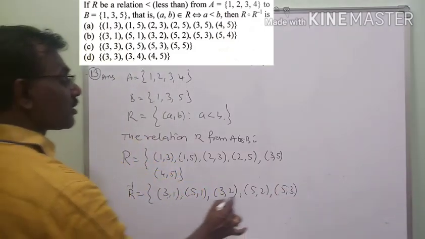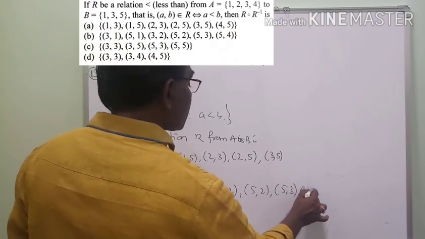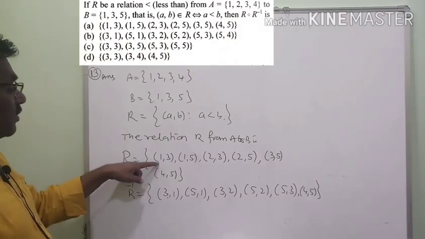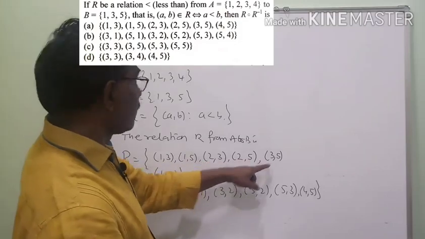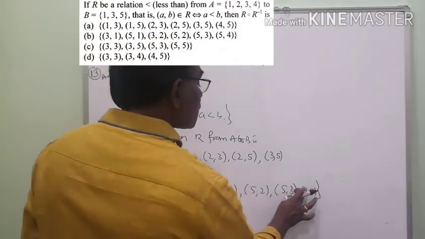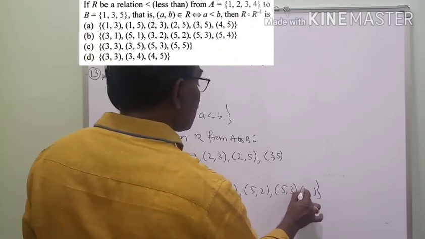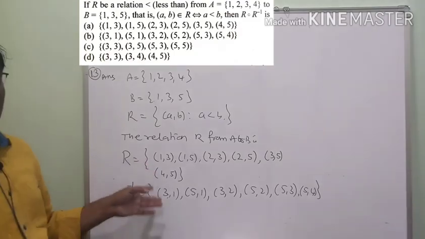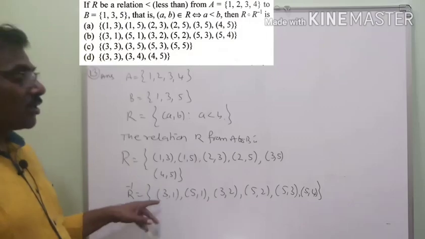Next, write one more, 4 comma 5 becomes 5 comma 4. Okay, this is the relation, this is R inverse, interchanging A comma B to B comma A.